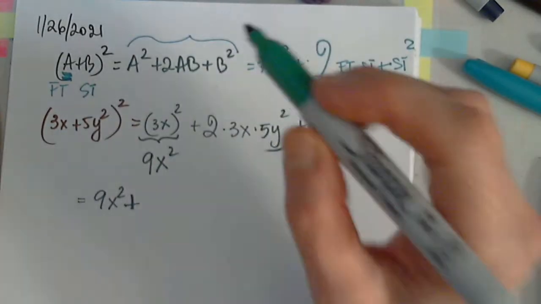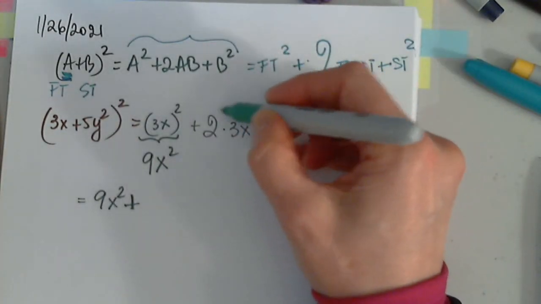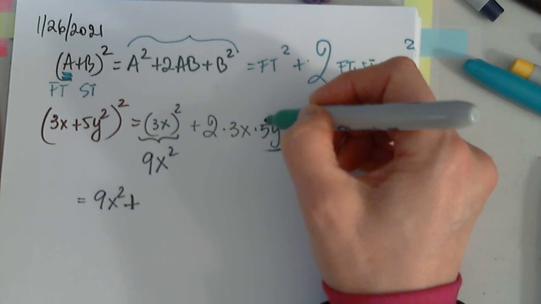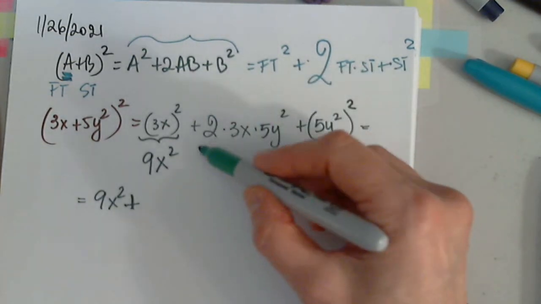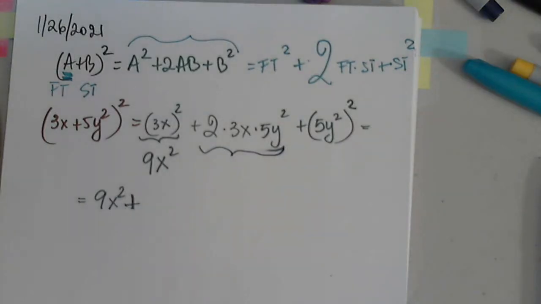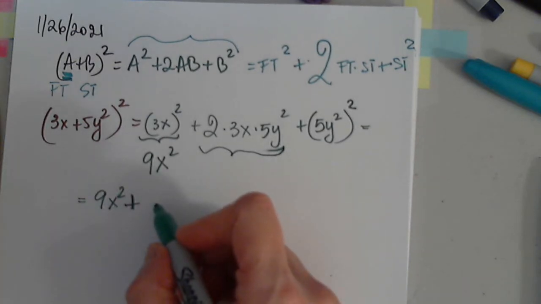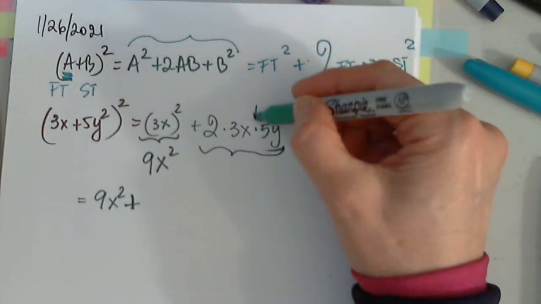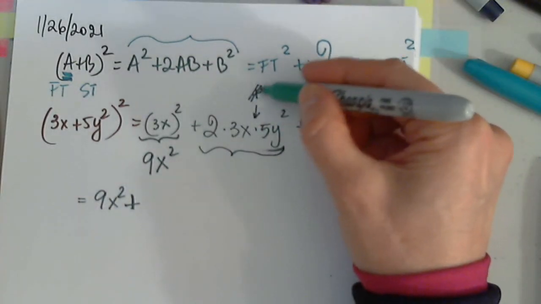This is not the distributive law. We're not distributing here. We are multiplying. So would it not be 6x plus 5y? There is no plus here. I'm sorry, times.